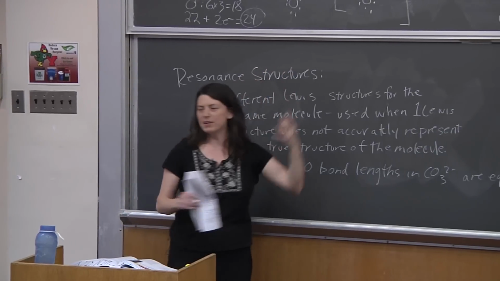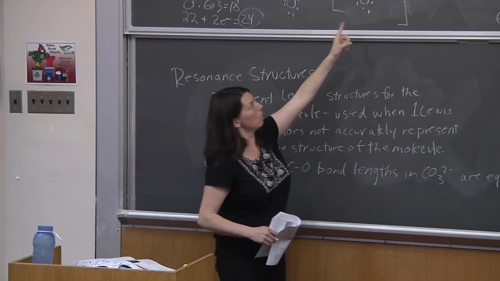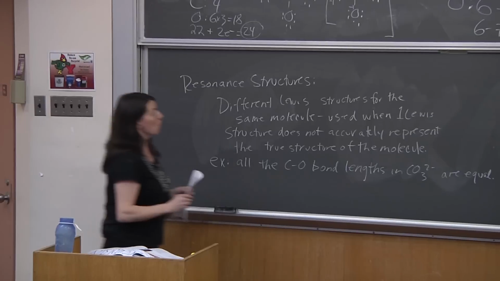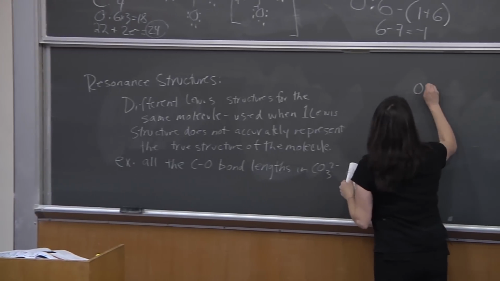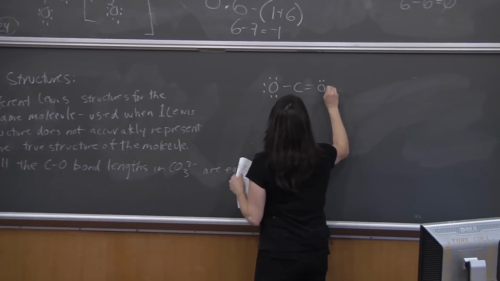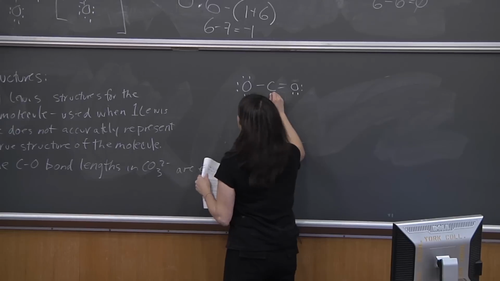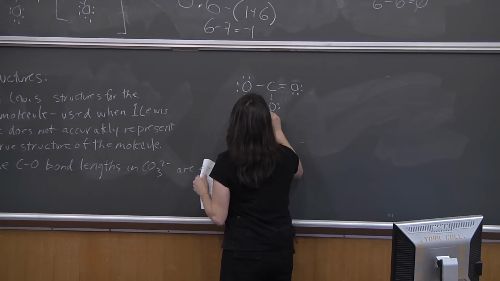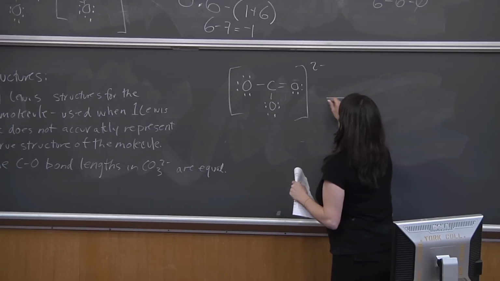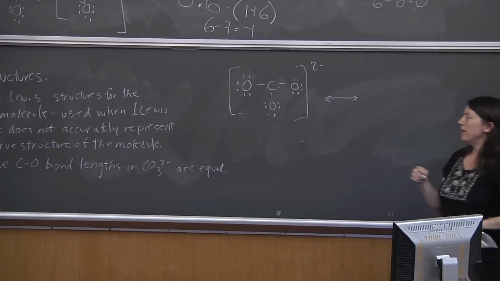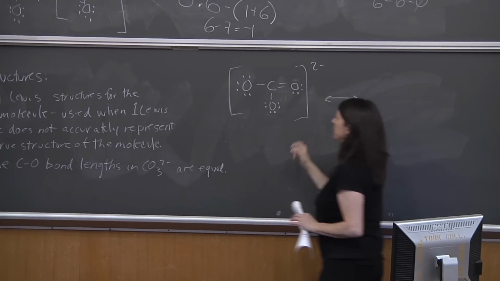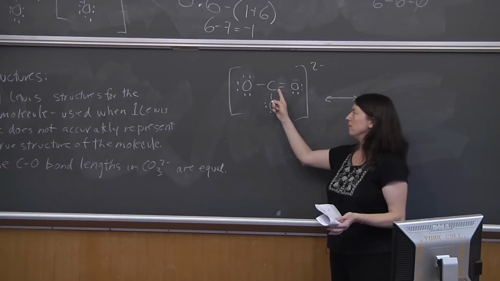So that structure can't be giving us the whole picture, because that structure says one bond should be short and two others should be a little bit longer. So what happens is, I'm going to rewrite this one. Now, when I was doing this dot structure, counting up my valence electrons and working out the octets, I just decided to put the double bond here.